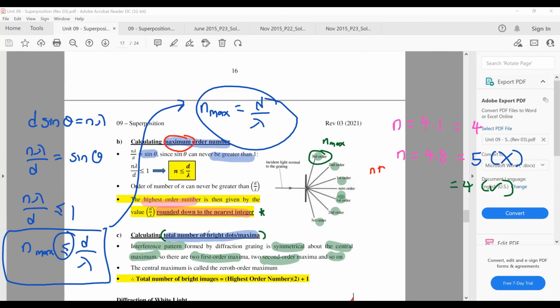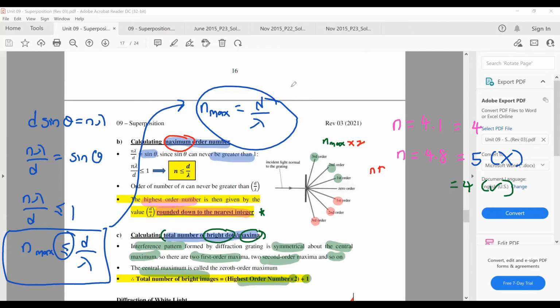If we are asked to find the total number of bright dots or maxima, it means they want you to find what is the total number here. So an easy way to do that would be to take the highest order number, multiply with 2, plus 1. Okay, because you see here, first, second, third, this one is already 3. If you multiply with 2, you're going to take into account this one too.